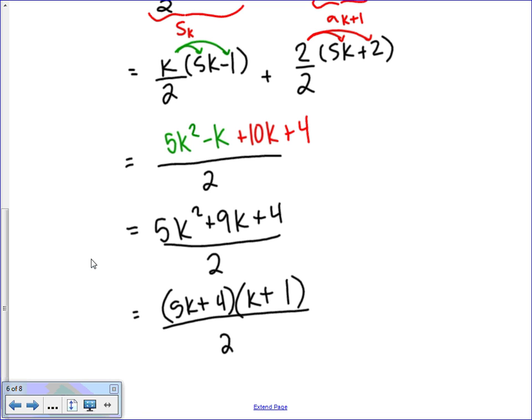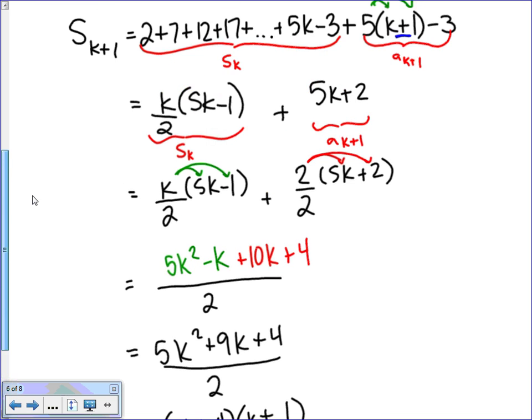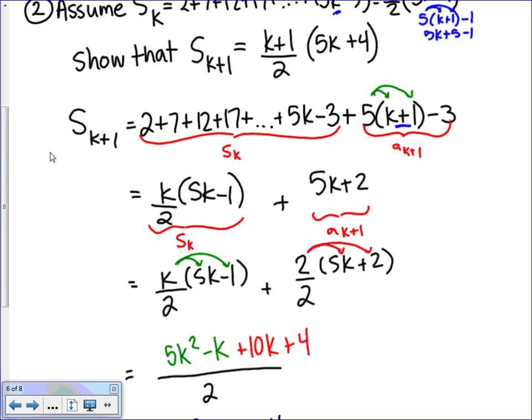Look back at what you're trying to prove. Way up at the top. We want to show right here that k plus 1 over 2 times 5k plus 4.